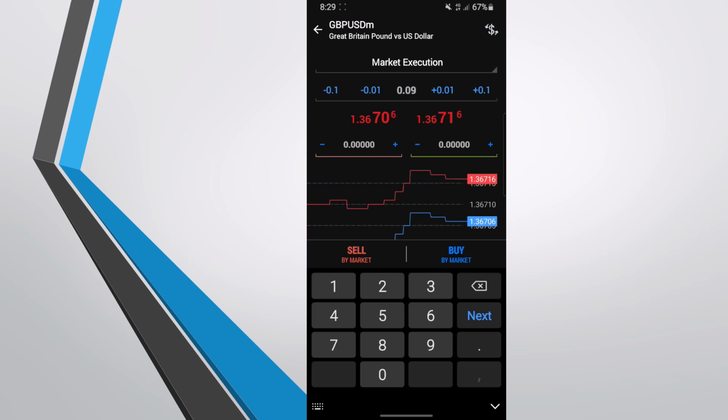The moment it becomes 10, you're going to have it like this. Once it becomes like this, it is now one mini lot size, which is 0.10. And as the number is increasing, if you are making money, the money will be increasing, and if you are losing money, it will be increasing.